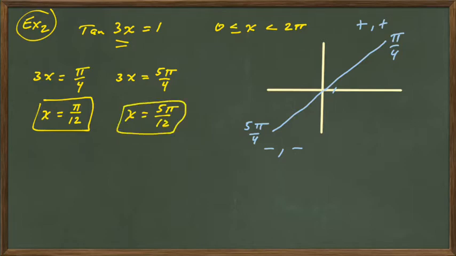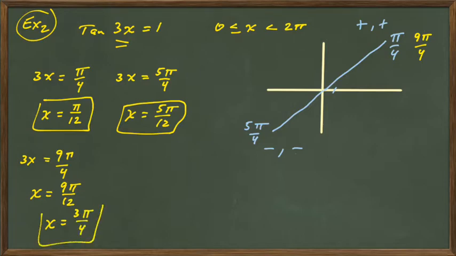What could 4 pi over 4 also be called? If I added 8/4 to 1/4, could this also be 9/4? So 3x might equal 9/4 pi. Multiply by 1/3 and you get 9/12, or 3 pi over 4.